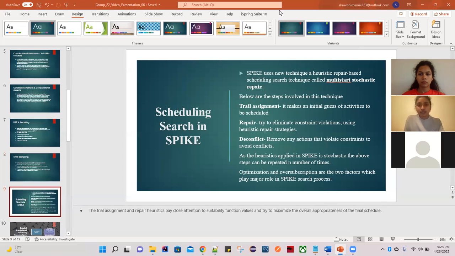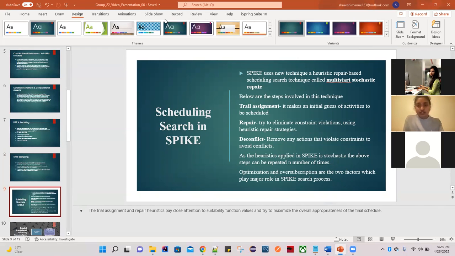Next, repair. After the set of activities has been scheduled, it tries to eliminate constraint violations using heuristic repair strategies. The last step is deconflict, in which it removes any actions that violate constraints and avoids conflicts.